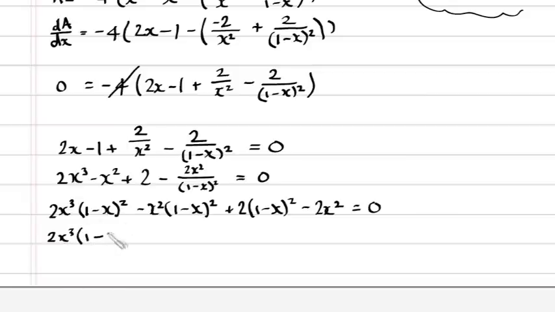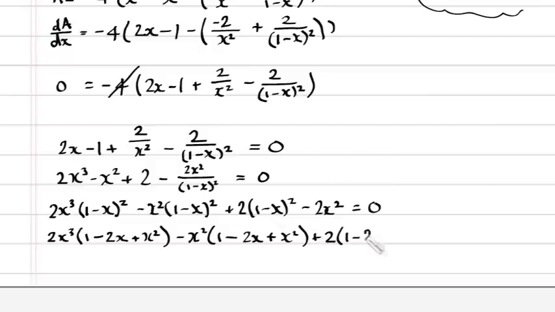We don't want to drop a negative sign here. Expanding 1 minus x squared, we get 2x cubed outside of 1 minus 2x plus x squared, minus x squared outside of 1 minus 2x plus x squared, plus 2 outside of 1 minus 2x plus x squared, minus 2x, all equal to 0.